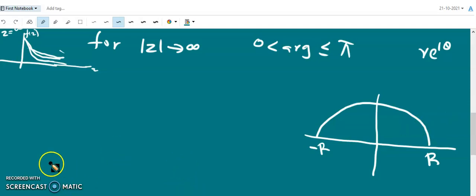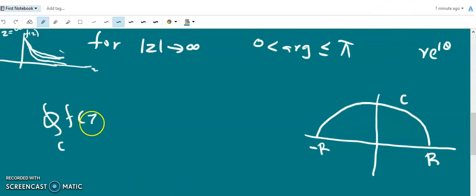So now we apply the residue theorem for this semicircular contour, that is the semicircular part and the real axis from minus R to plus R. So closed integral over C. So this is our contour C. f of z dz is equal to integral minus R to plus R. So this is the real axis.